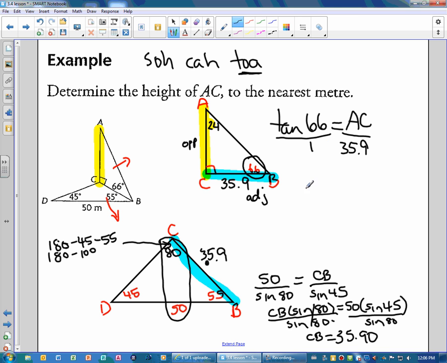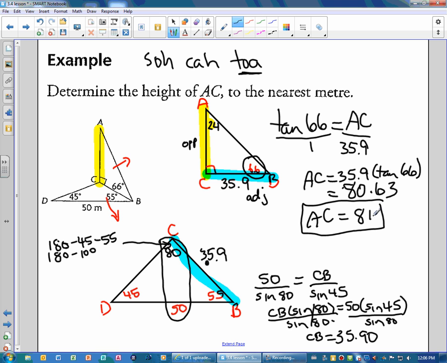So I have AC times 1, which is AC, equals 35.9 tan 66. Use that 35.9 with the decimals sitting on your calculator, and then just go ahead and multiply it by the tan of 66. And to the nearest meter, I get 80.63. To the nearest meter, I would say AC is 81. I should say meters, 81 meters. Done.